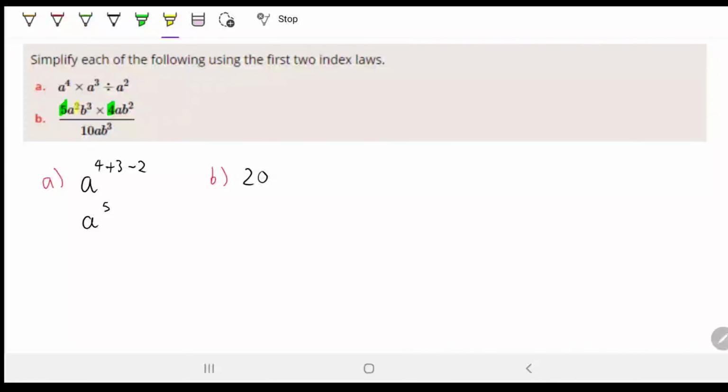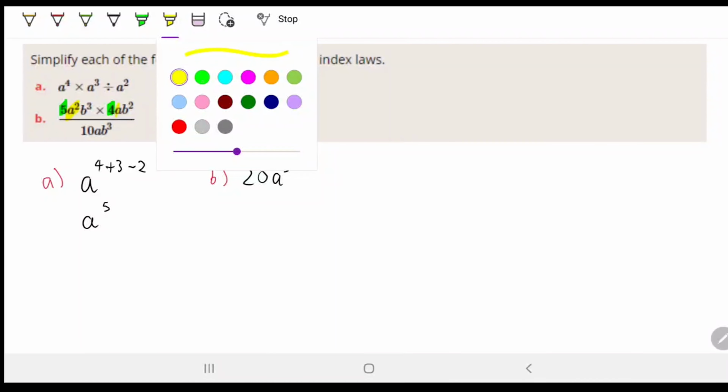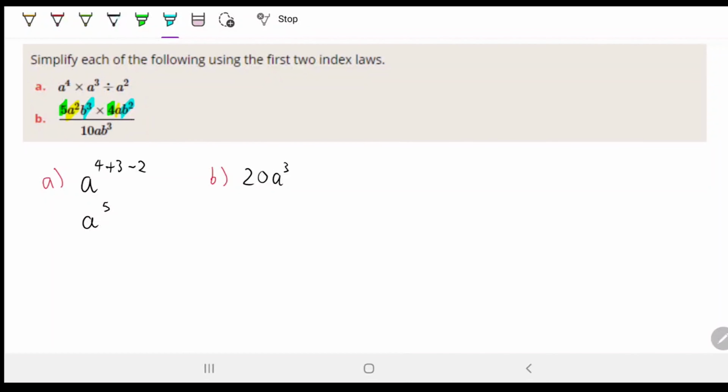Then you want to look at the a, so it's a to the 2 and a to the 1, which will give us a to the 3. And then you want to look at the b, so it's b to the 3 and b to the 2, which is going to give me b to the 5. And you want to divide that by 10ab to the 3.